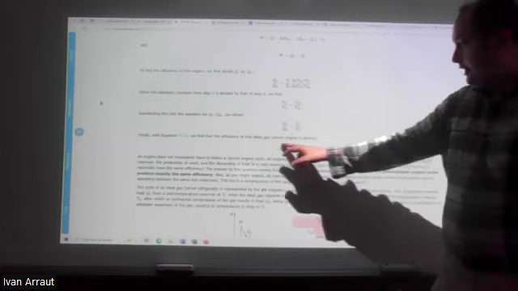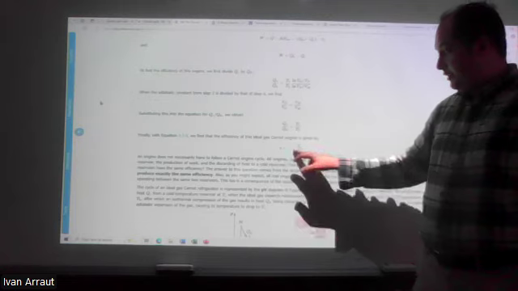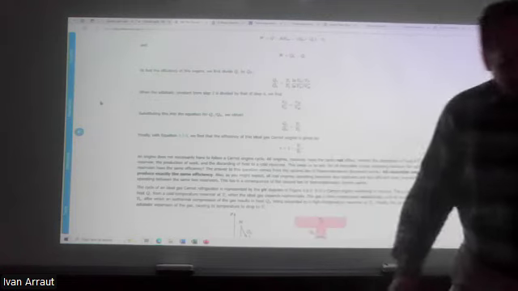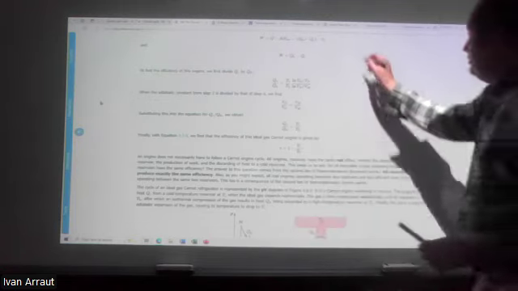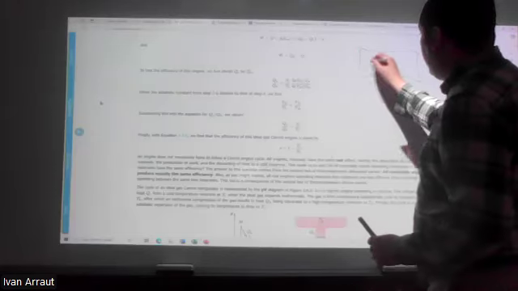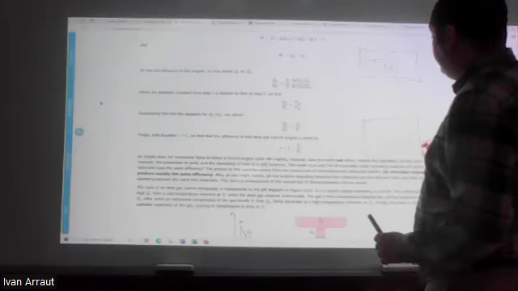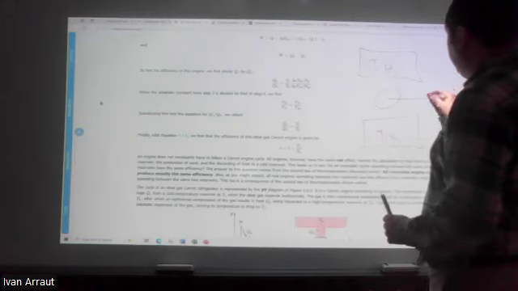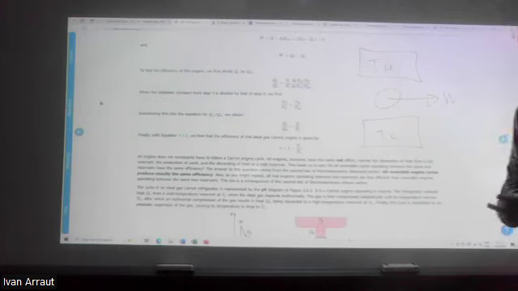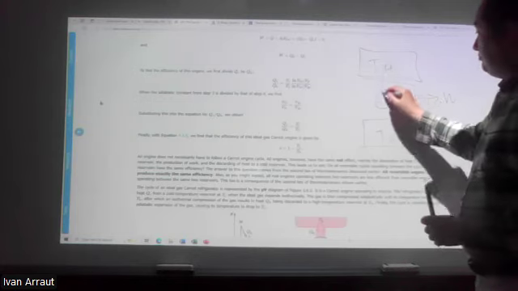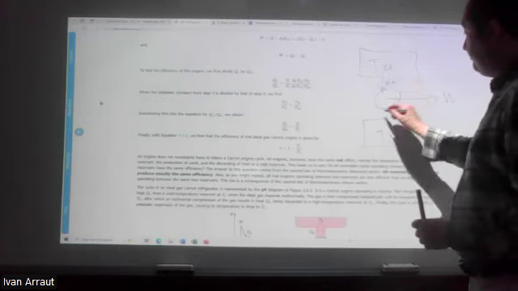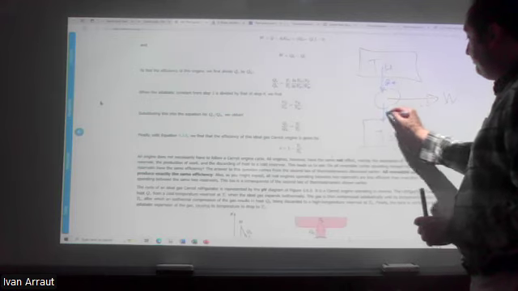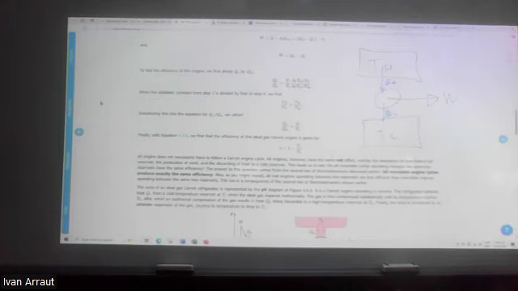Then the Carnot cycle has this efficiency: 1 minus the temperature of the cold. Let's put here: this is temperature hot, temperature cold. This is the machine. This is the work. Hot, cold, right?